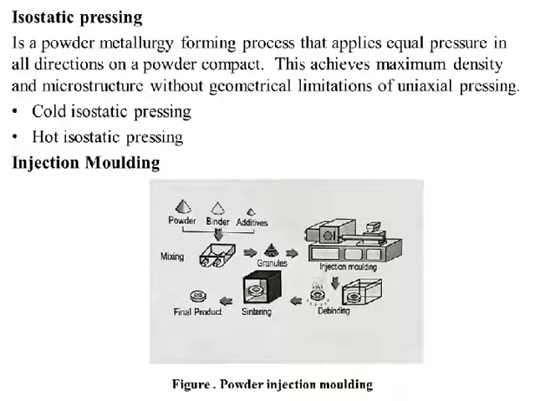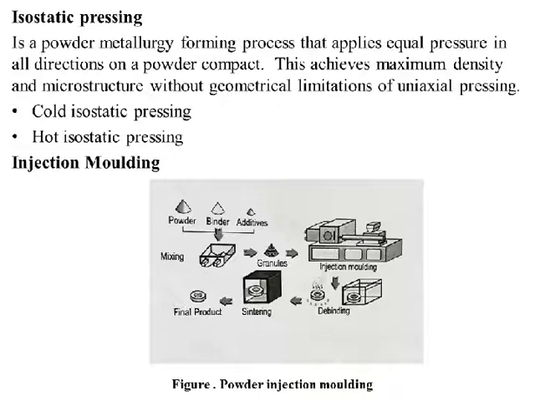Isostatic pressing can be carried out by two methods. One is called cold isostatic pressing. The other one is called hot isostatic pressing. Cold isostatic pressing is used to compact green parts at ambient temperatures, whereas hot isostatic pressing is used to fully consolidate the parts at elevated temperatures by solid state diffusion.